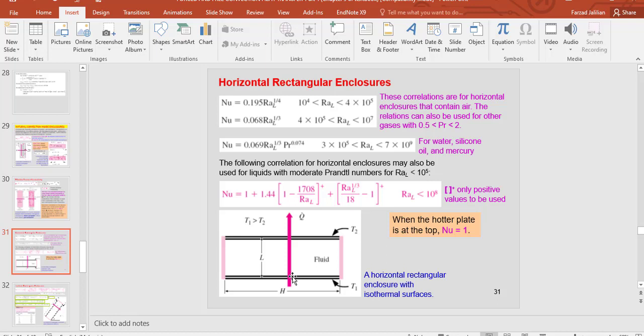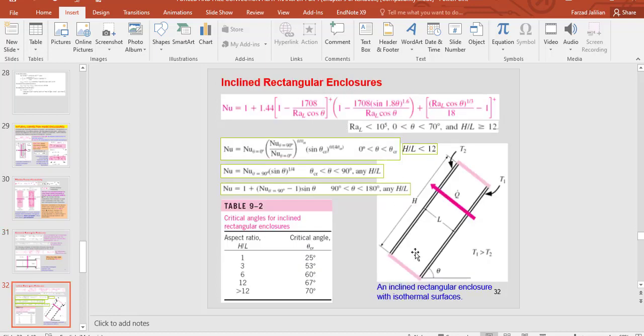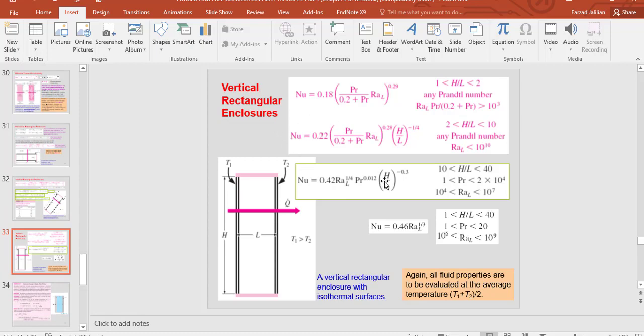In terms of the orientation of the enclosure, they can be categorized into three types: horizontal rectangular enclosure, inclined, which has a tilt angle with the ground surface or horizontal line actually, and vertical rectangular enclosure.